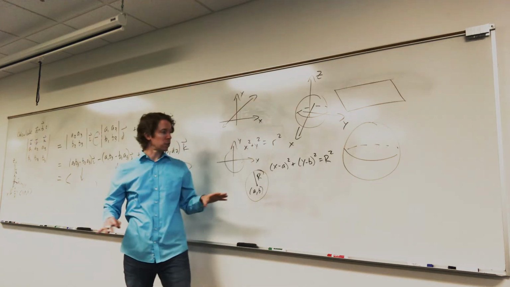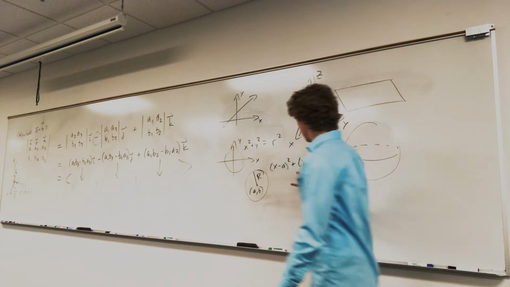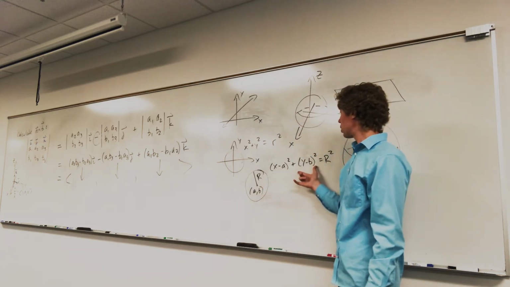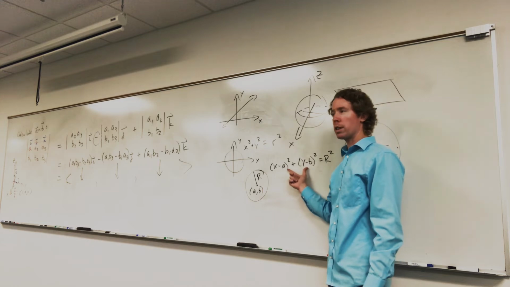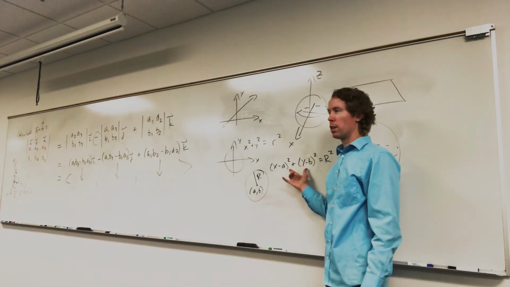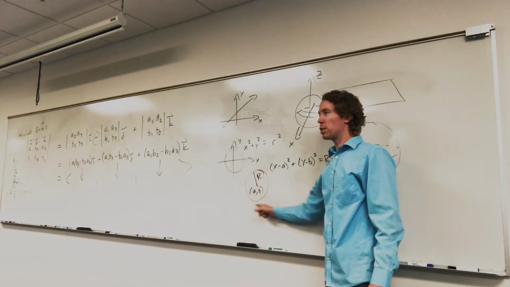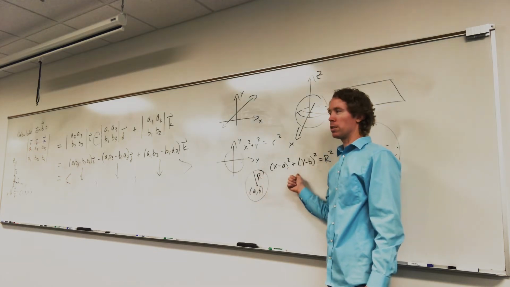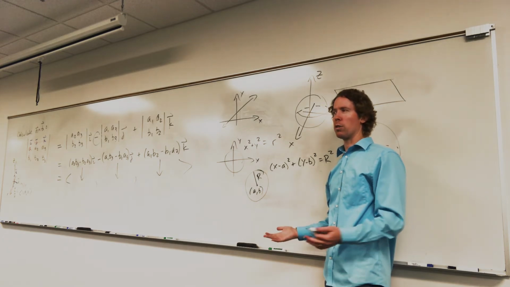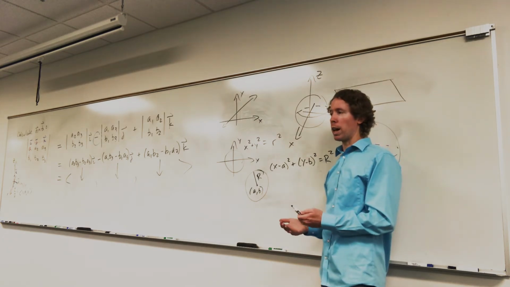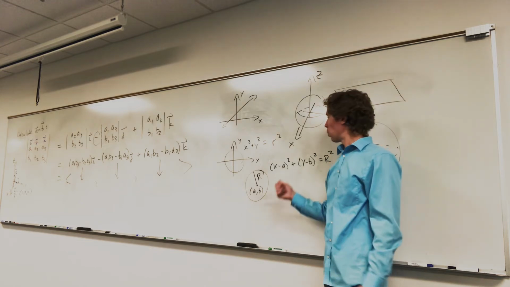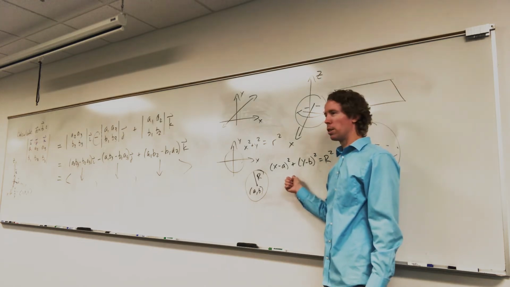So remember, an equation for a geometric object is an equation that a certain set of points satisfies and no other points satisfy. So only the points on this circle satisfy this equation. Why is that true? You may not have ever been actually told why that's true. Can you think of a reason why that's true?